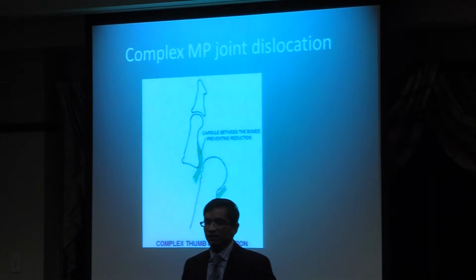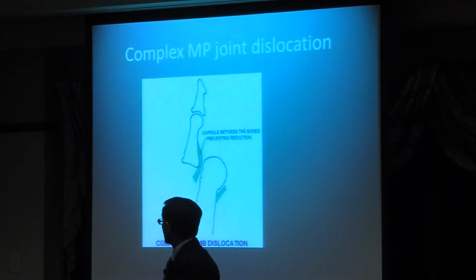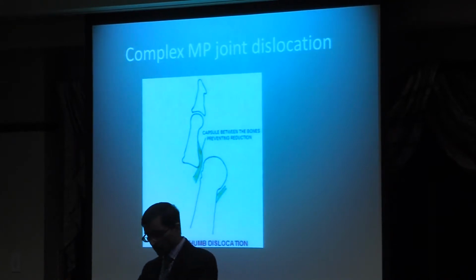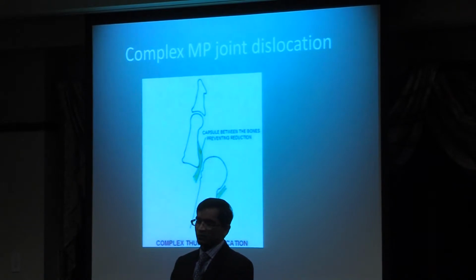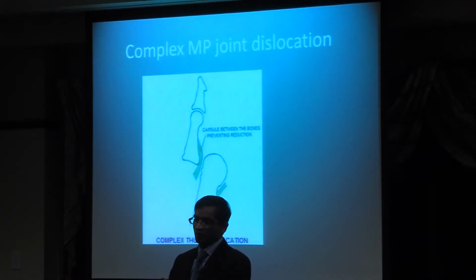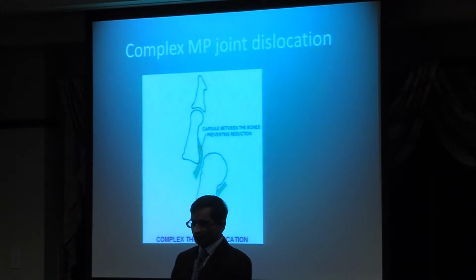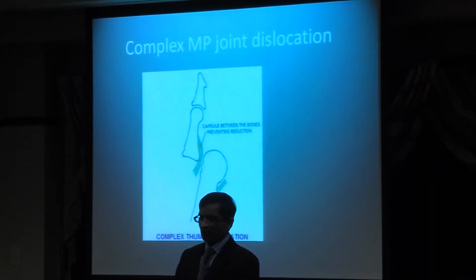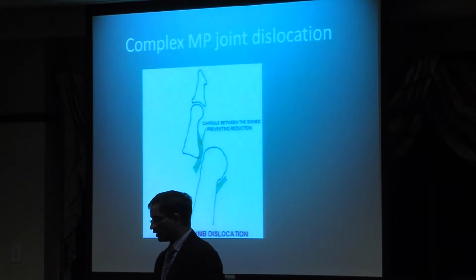If it is simple, it's very easy to reduce. The maneuver is hyperextension. Just exaggerate the deformity of the joint and try to milk the proximal phalanx against the metacarpal head.